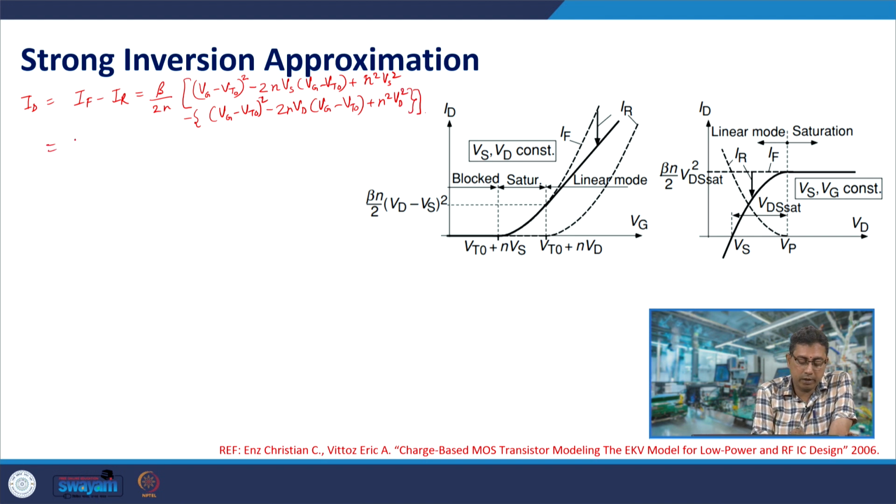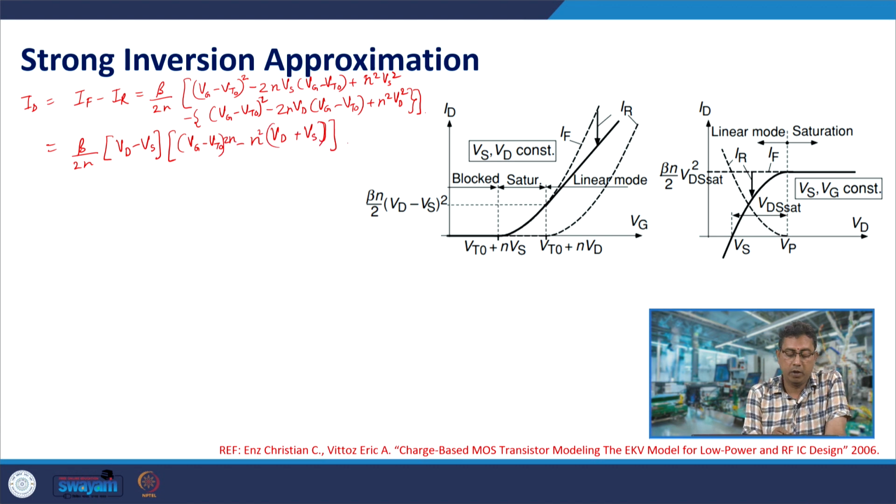So, now that turns out to be beta by 2n into (Vg minus Vd minus Vs) into (Vg minus Vto minus n Vd minus Vs). So, simplifying this we get this expression.